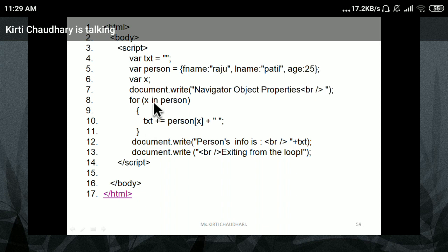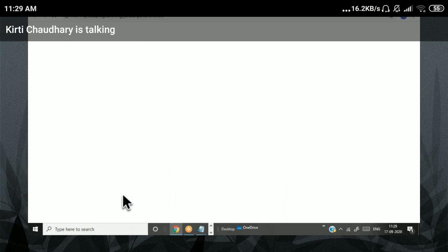So actually out of the for loop I will get Raju Patil 25, and the output we can see like this: person information Raju Patil 25, and coming out of the loop.